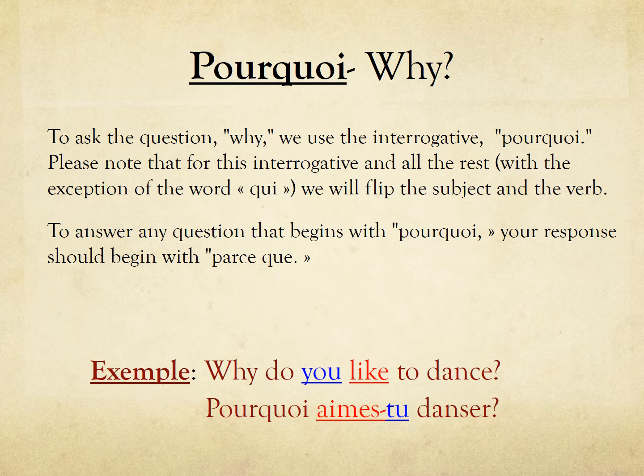So if we were to ask the question, why do you like to dance? We have pourquoi aimes-tu danser? So once you flip that subject and verb, you have to put that hyphen in between. So for the majority of our question words, we will have to do this, with the exception of our question word qui.